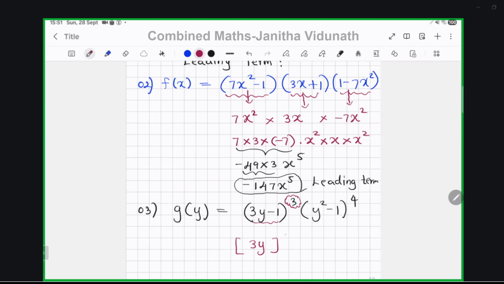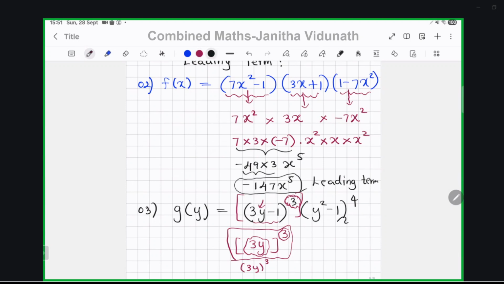Then the term with the highest power should be obtained by giving the highest term the power of that bracket, which is 3. Finally, the highest power term from the whole bracket should be 3y to the power 3.